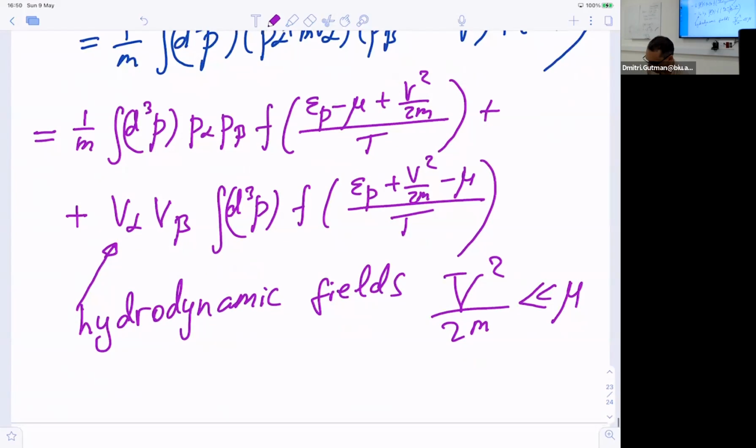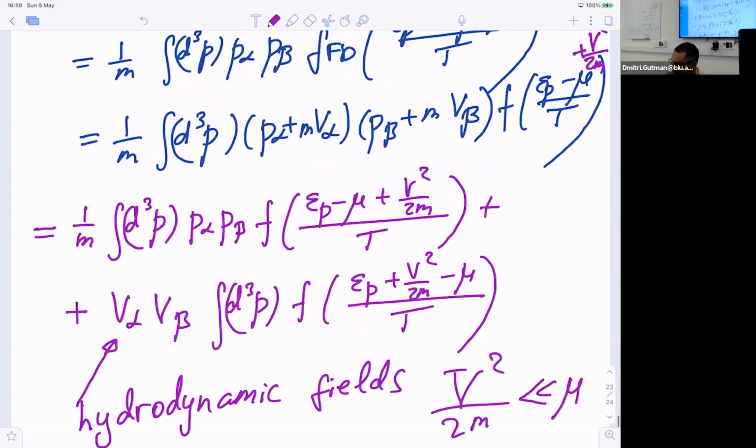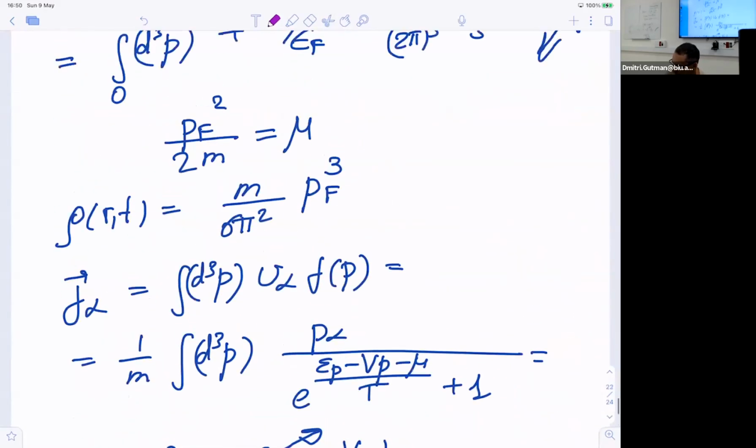Why is it much smaller? Why is v square over 2m much smaller than the...? For simplicity. You just assume that? No, I assumed that long time ago.